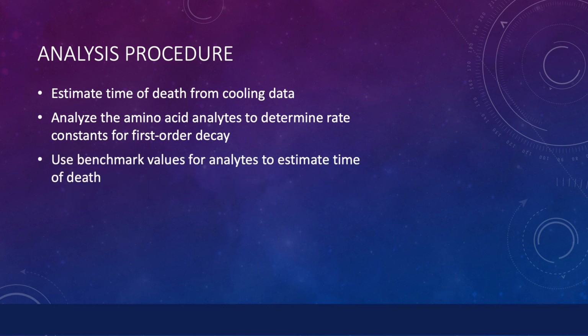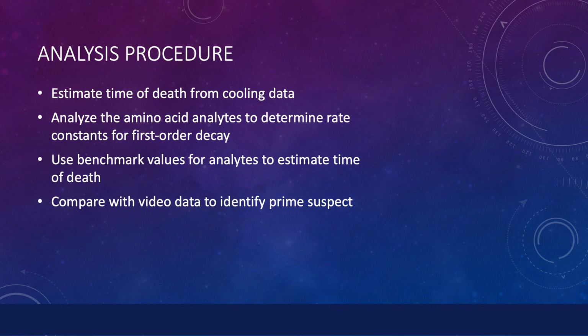We're then going to use benchmark values to estimate a time of death, and that is what you'll use to compare against the video data so you can identify a prime suspect. So you really will get to identify someone that you think committed the murder in this particular mystery.